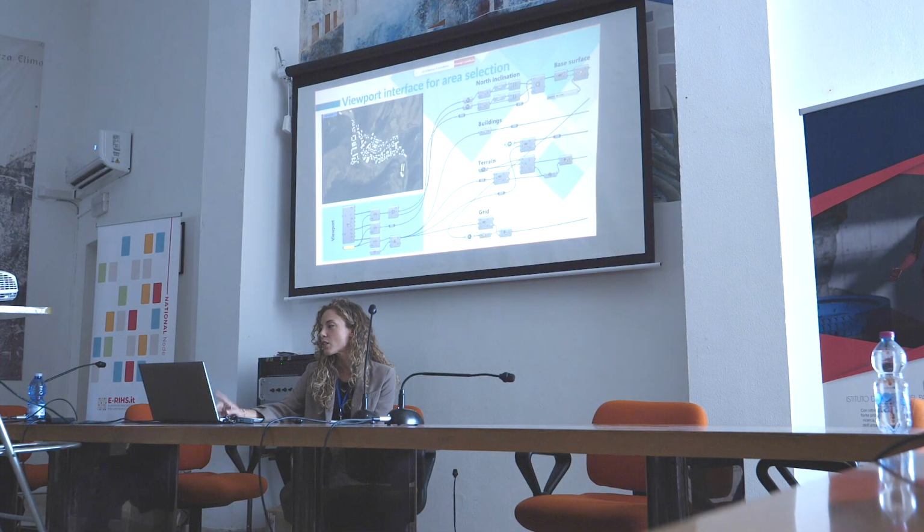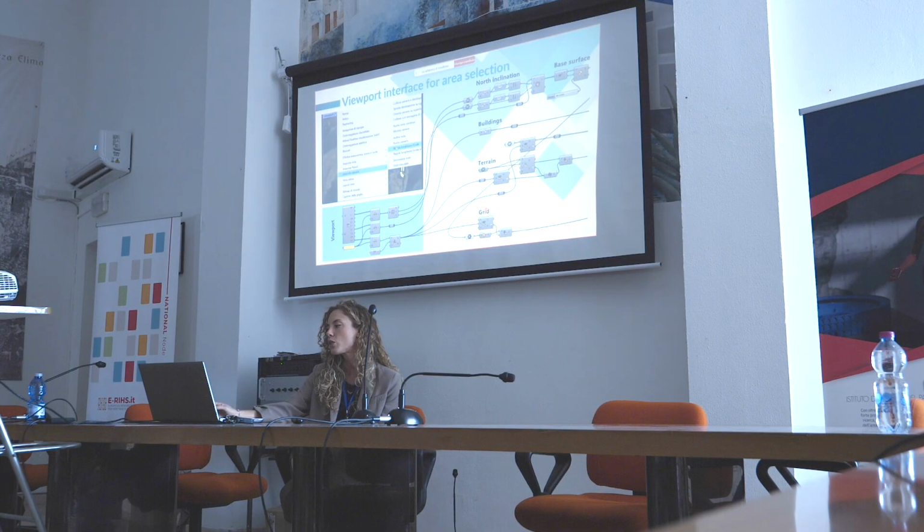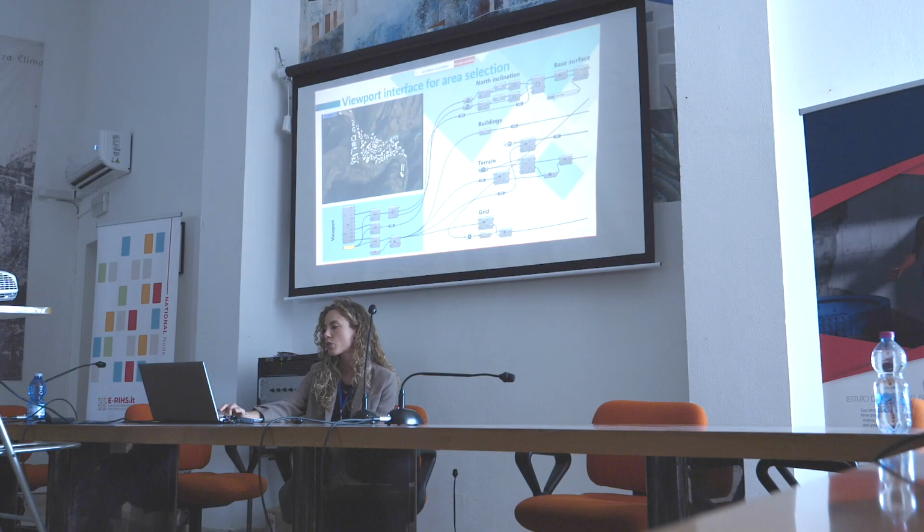And a custom Grasshopper component was created to leverage the Rhinoceros viewport interface to manually select the survey area and to adjust the orientation of the settlement with respect to north, while simultaneously updating the information exported to the CFD model every time the active viewport changes.